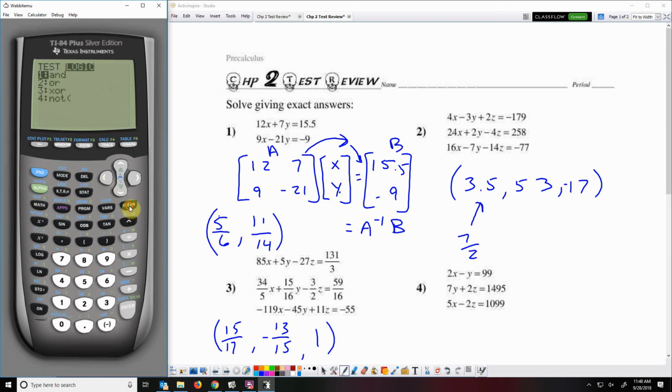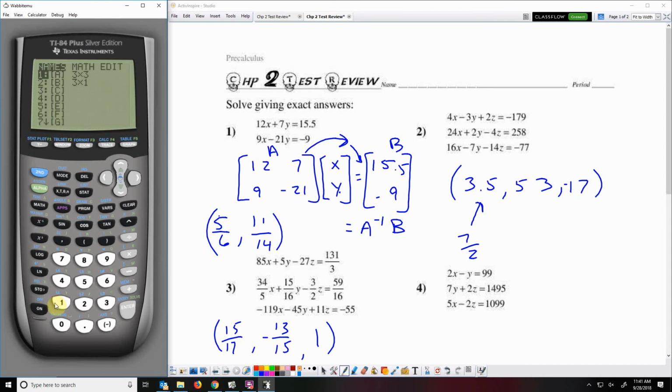Over to matrix 2, so we're going to edit matrix 2. And this is going to stay 3 by 1. So 99, 1495, and 1099. And then I'll quit.